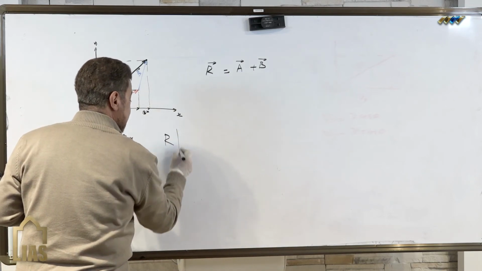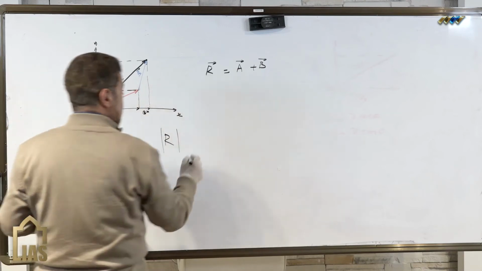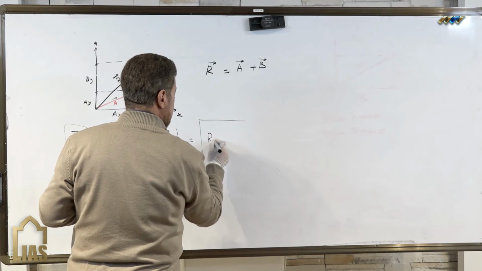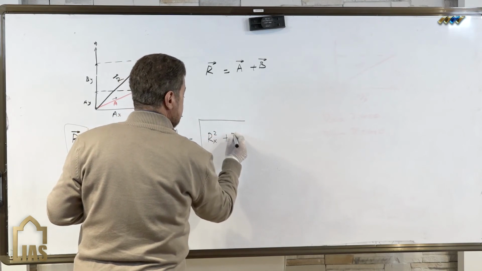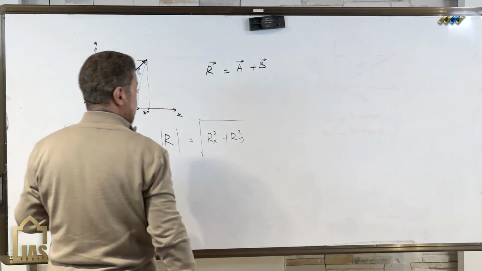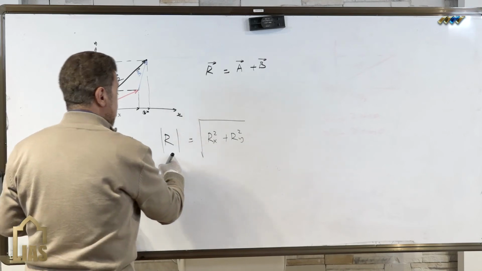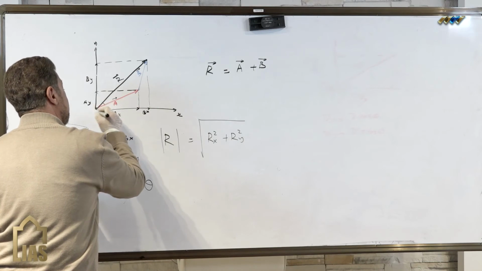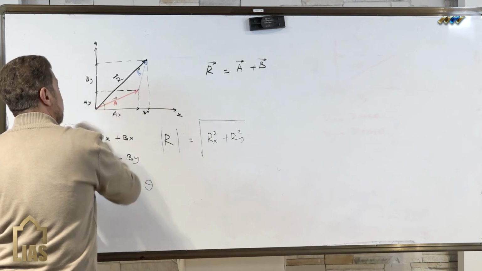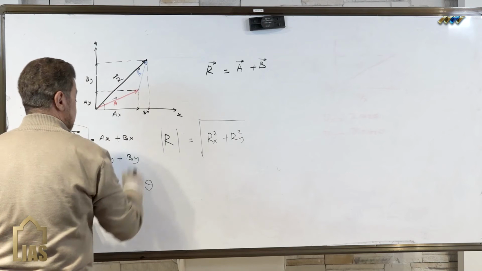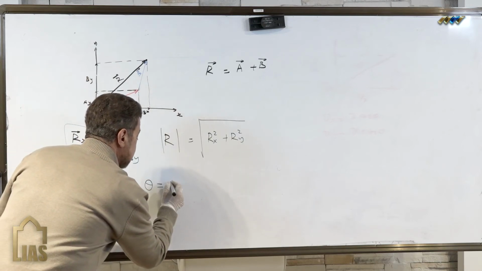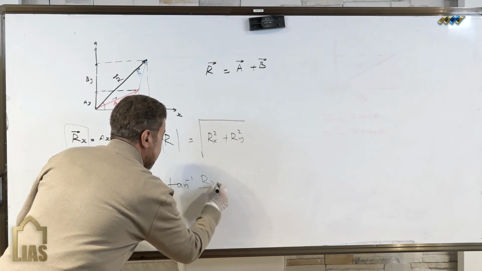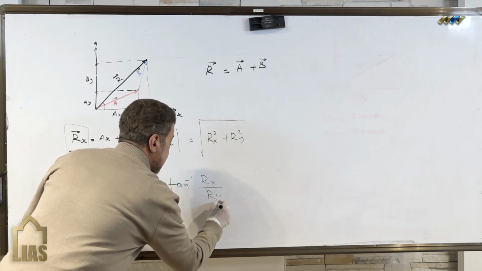In this case, the value of R is equal to the square root of Rx square plus Ry square, which gives you the value of R. The angle of R is equal to tan minus 1 of Ry over Rx.